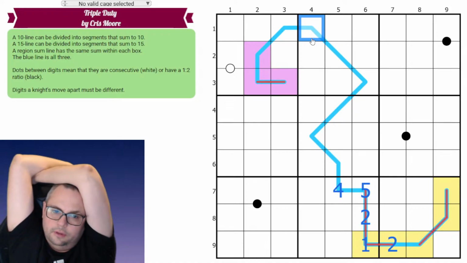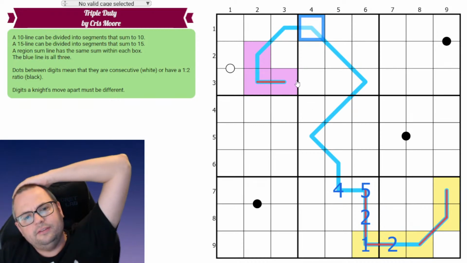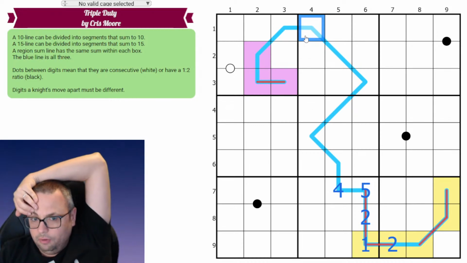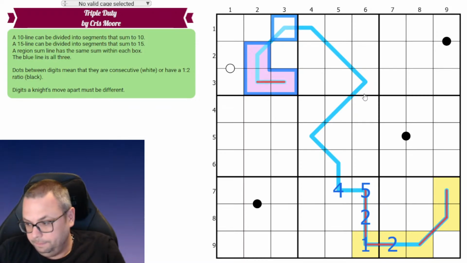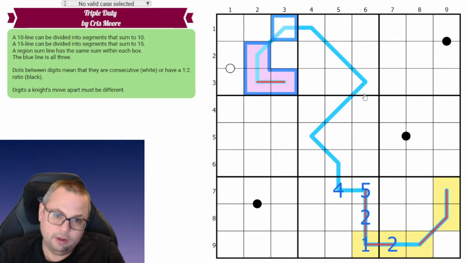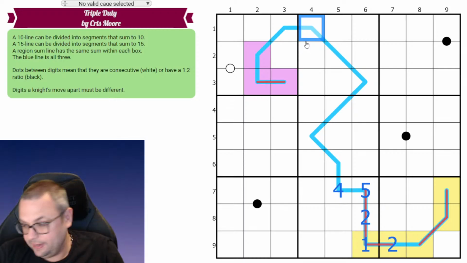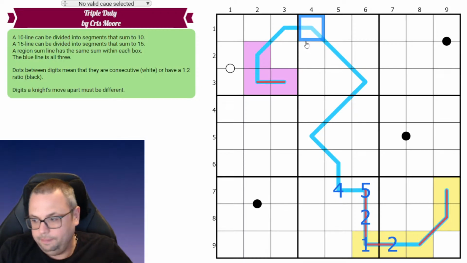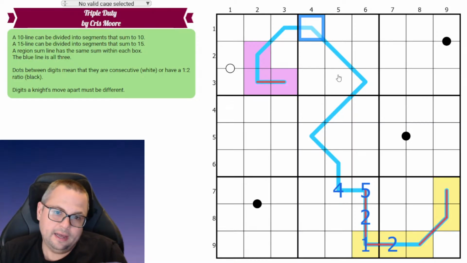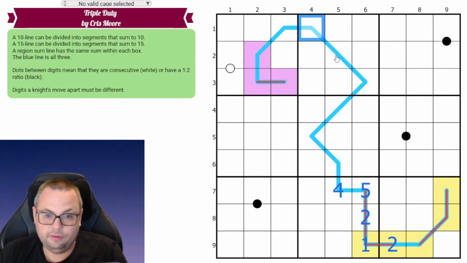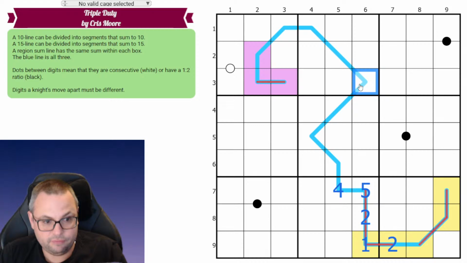So I guess one way to think about it is if it's 12, then within this box, I have to hit the total 10 and the total 12. And then within this box, I have to hit the totals 15, 20, and 24, which would mean that up to this point, it would be 15. Up to this point, it would be 20. And up to this point, it would be 24.